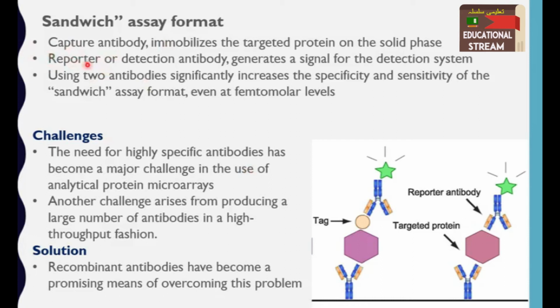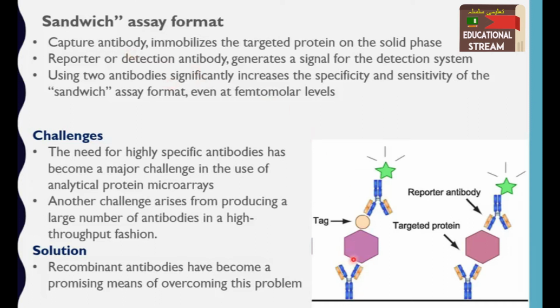So to overcome the limitation of probe labeling, that less specific labeling, another format of assay is developed, which is the sandwich assay format. And in this format, it provides higher sensitivity in comparison to the analyte assay format. In this format, two different antibodies are employed to detect the targeted protein.